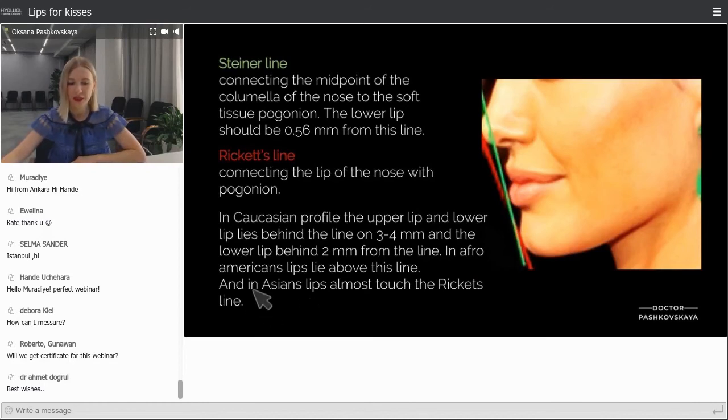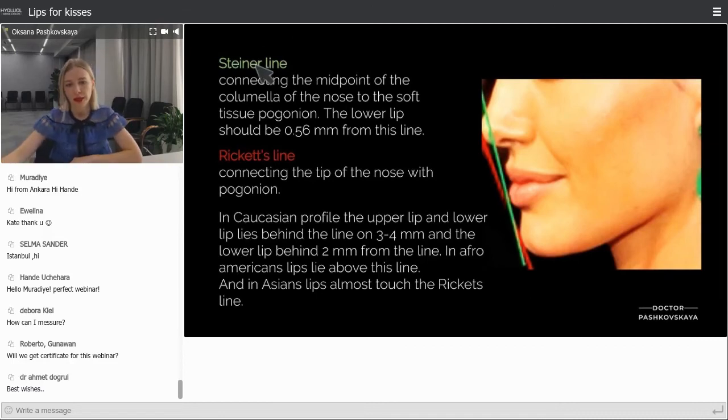In Asians, lips almost touch the Ricketts line, and in Afro-Americans, the lips are behind that line. So we should also pay attention that how our lips look depends on nationality, ethnicity, and of course age and different issues.